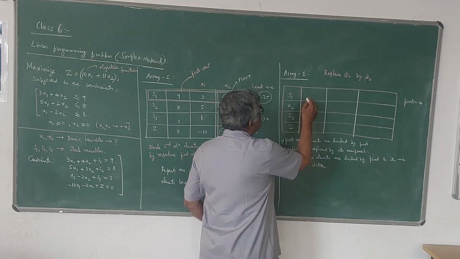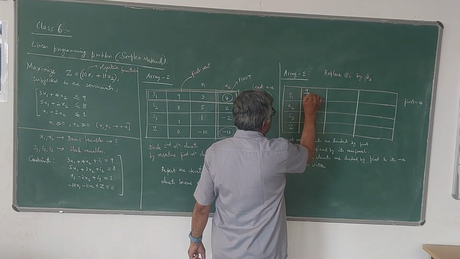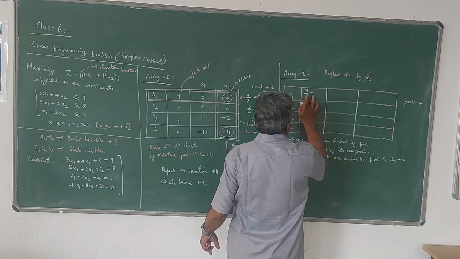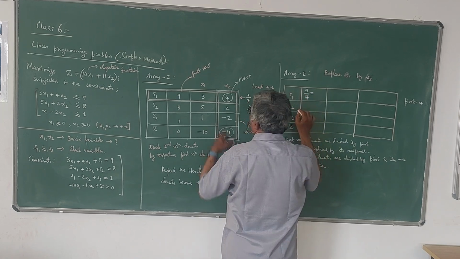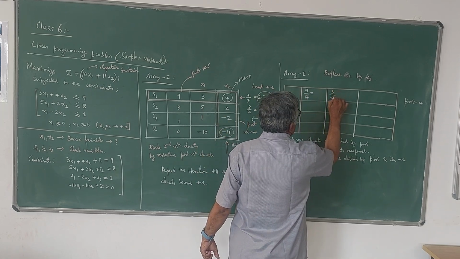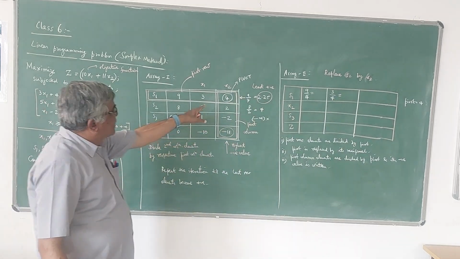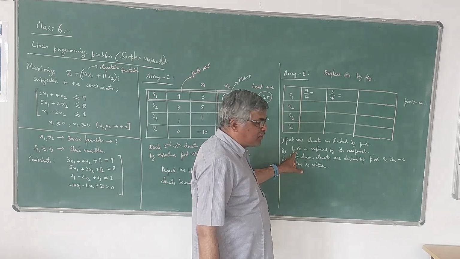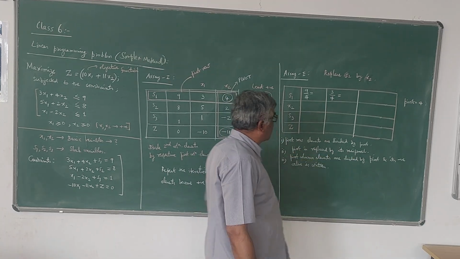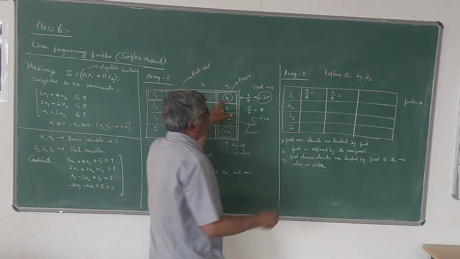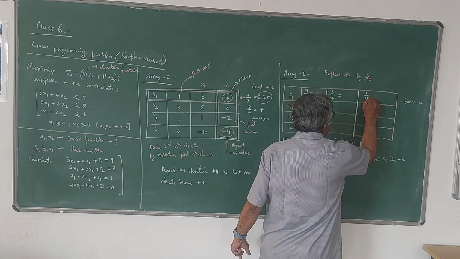So this becomes 9 divided by 4, sorry, the pivot is 4, and this becomes 3 divided by 4. Got it? And you observe this: the pivot is replaced by its reciprocal. That means this 4 should be replaced by its reciprocal.